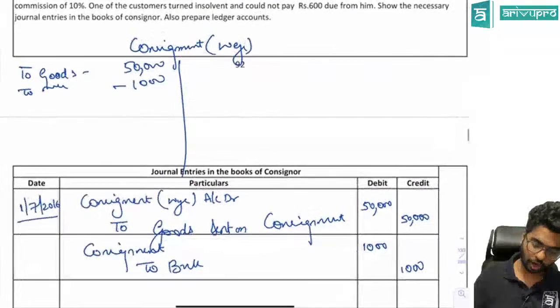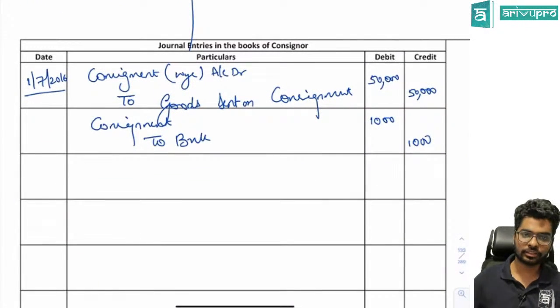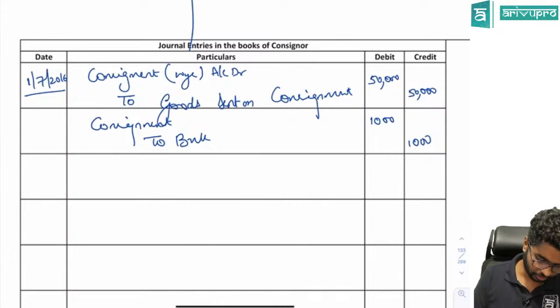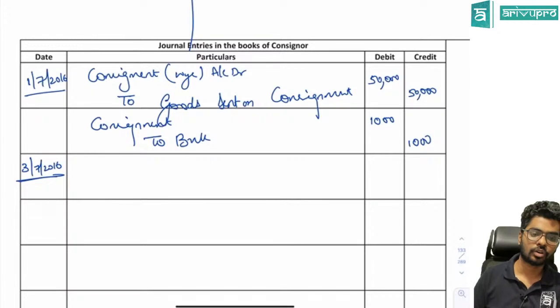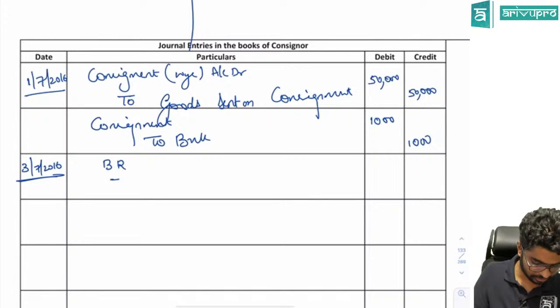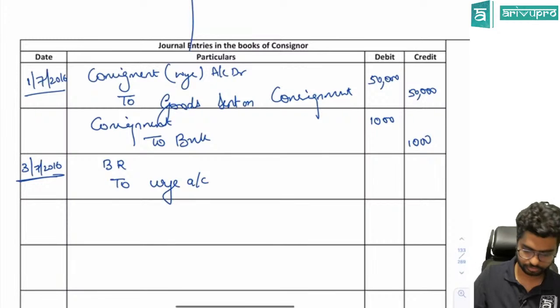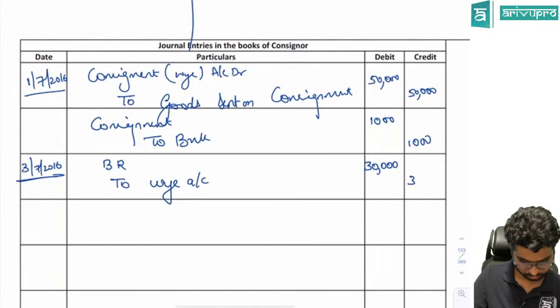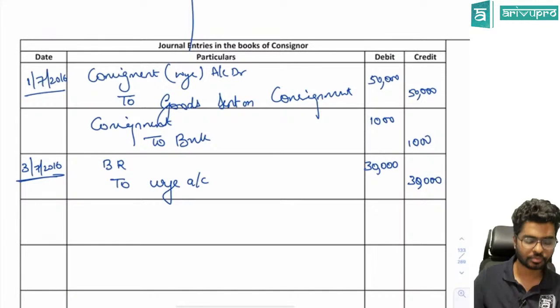So, what is going to be the journal entry for that? On 3rd July, if it would have been cash, it would have been cash to Y, but here it is bills receivable. Are you clear?